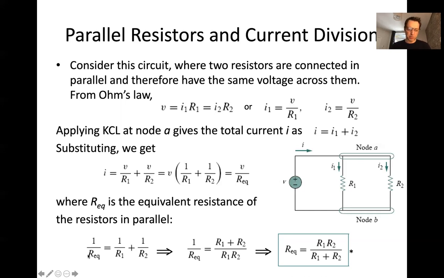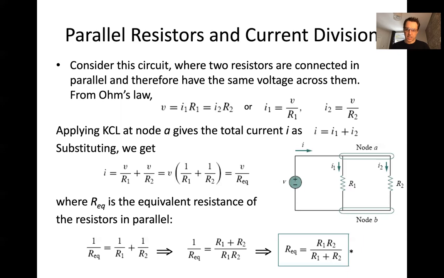And so the equivalent resistance for a two resistor in parallel circuit can be written as the product divided by the sum. So how do we get there? Well, we simply perform basic algebra to this equation, common denominator, and then invert. And what that yields is that the resistance that this battery sees is effectively the product of these two divided by the sum.